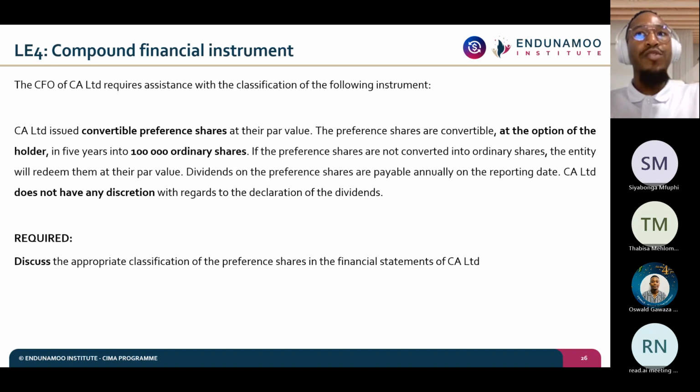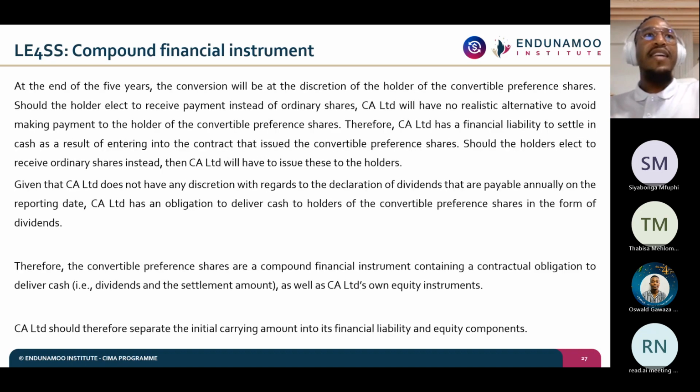Dividends on the shares are payable annually on the reporting date, and CA Limited doesn't have any discretion with regards to the declaration of the dividends. In us discussing the appropriate treatment at the end of 5 years, the conversion will be at the discretion of the holder. Should the holder elect to receive payment instead of ordinary shares, CA Limited will have no realistic alternative to avoid making payment to the holder of the convertible preference shares.